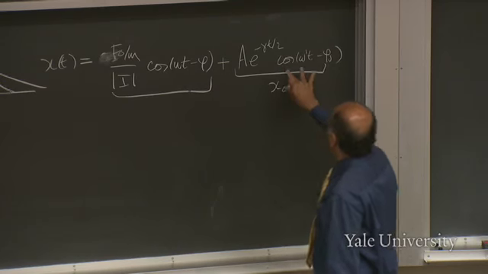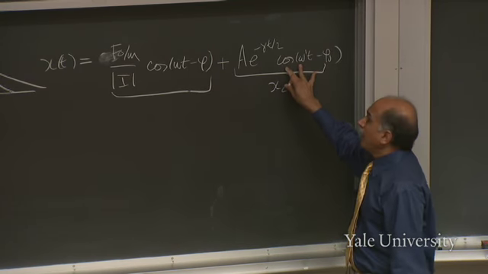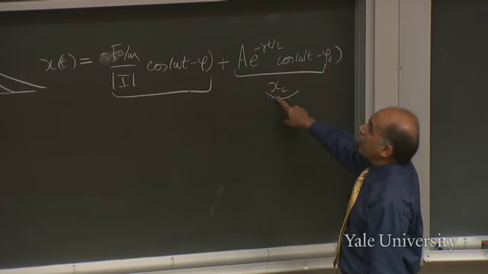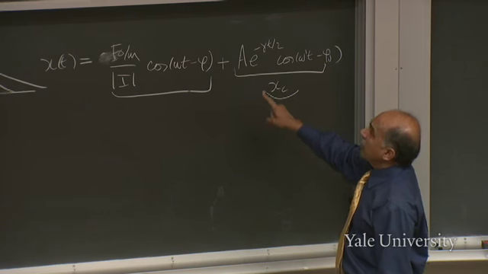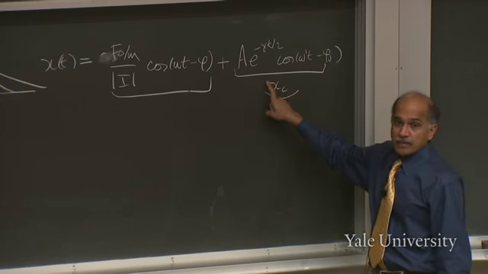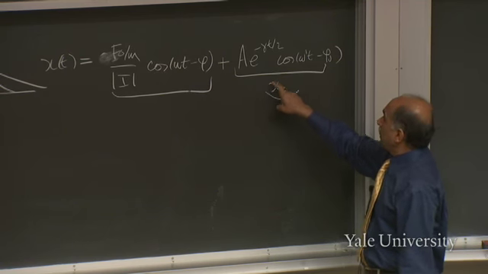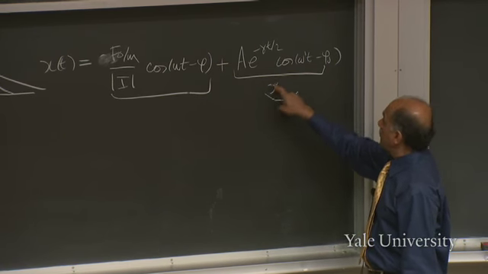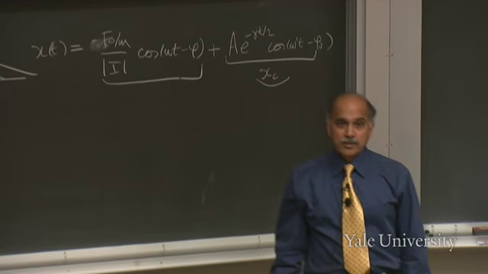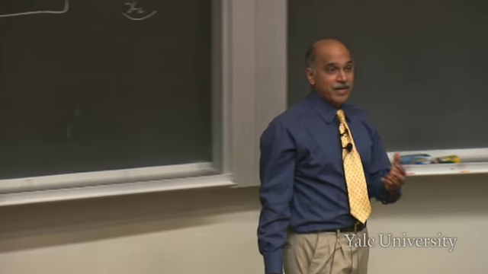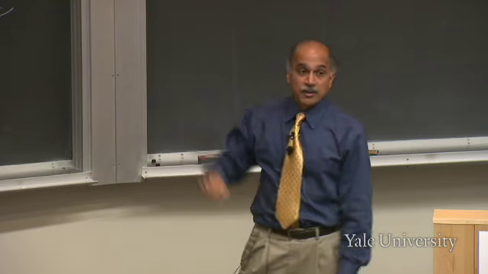Now, what if you keep adding this to the solution? Will you mess it up? Imagine adding this to the left-hand side, but I claim on the left-hand side there will be no extra terms because this guy double dot plus gamma times this guy dot plus omega naught squared times this guy is 0. This is the function which you say is annihilated by the operations on the left-hand side.